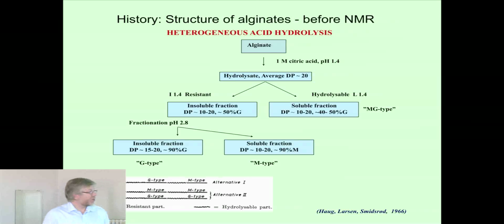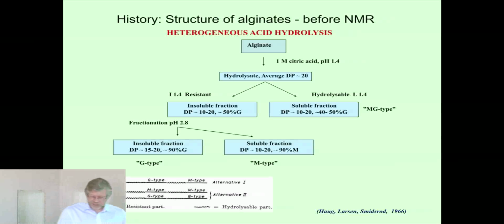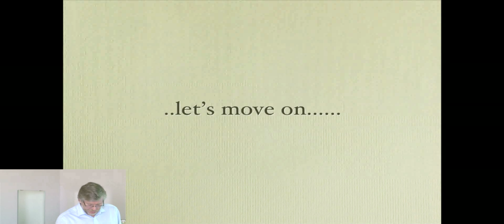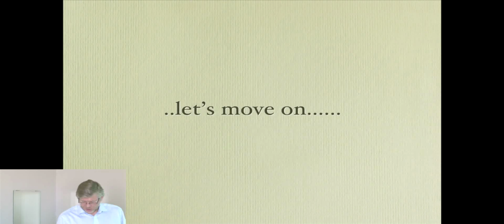It was not understood. But a couple of years later, when we finally got the epimerase from bacteria, the picture that I showed you already became clear. So that was an extended repetition of what I talked about last time. So let's just move on.